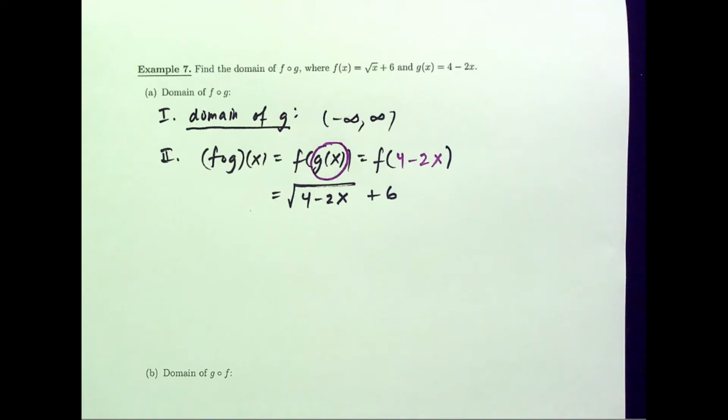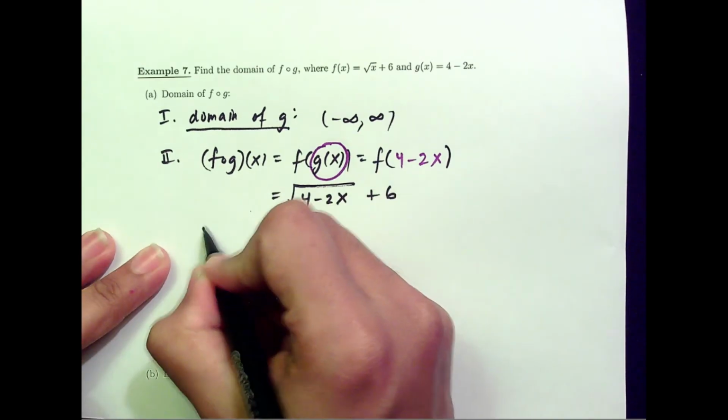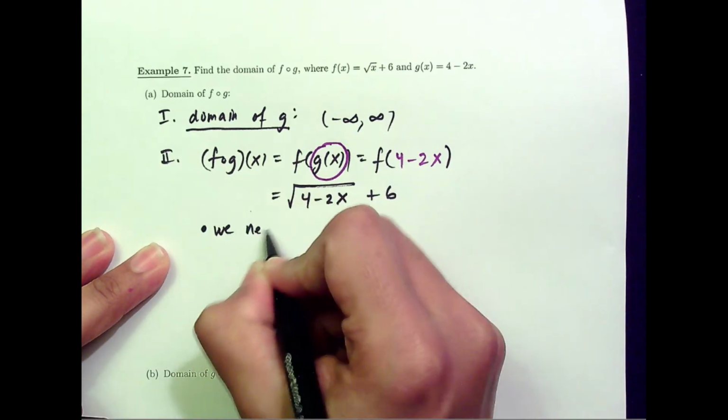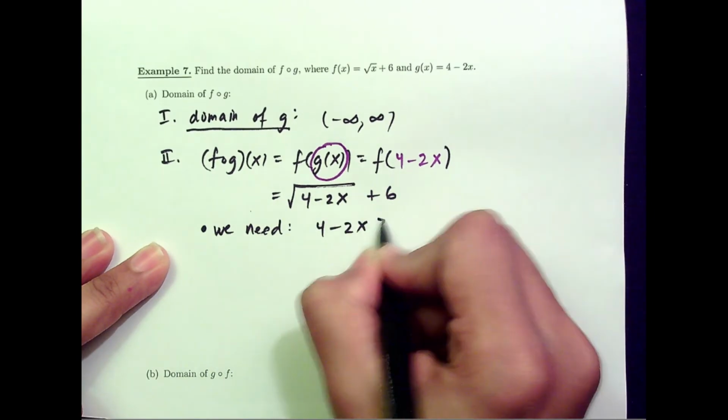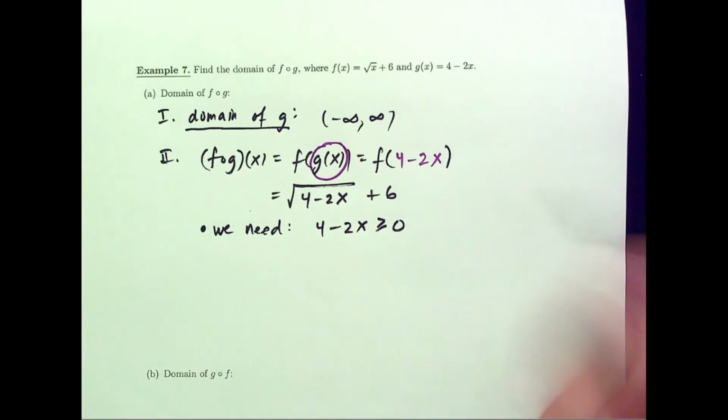Second bullet point is if there's radicals of even index, then the inside has to be bigger than or equal to 0. This one here we have a radical of even index, so we need the inside, which is 4 minus 2x, to be bigger than or equal to 0. So you take whatever is inside the square root, make it bigger than or equal to 0, and then you solve that.